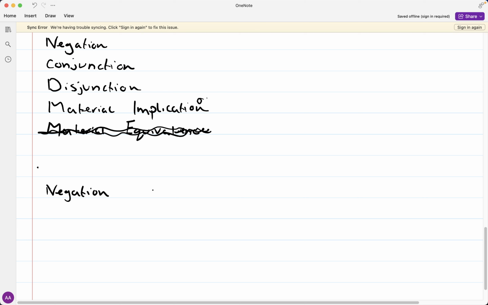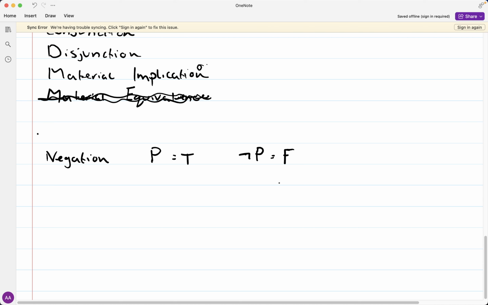Remember, this is what propositional logic is attempting for us to understand, the truth value of various different propositions. So assuming that P is true, then the negation of P will have to be false. And this is how we define what the negation property is.